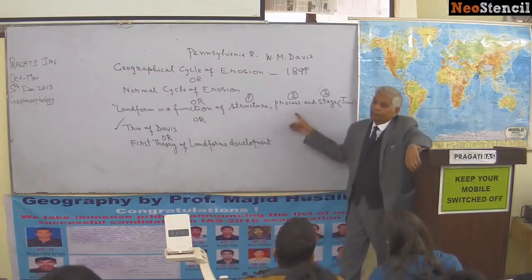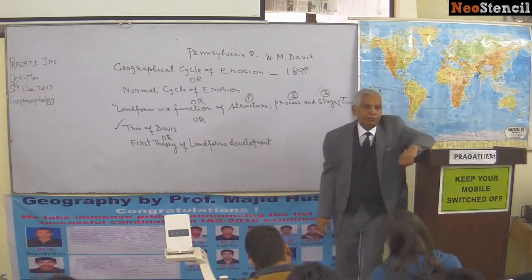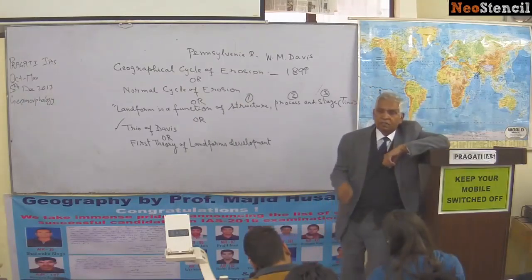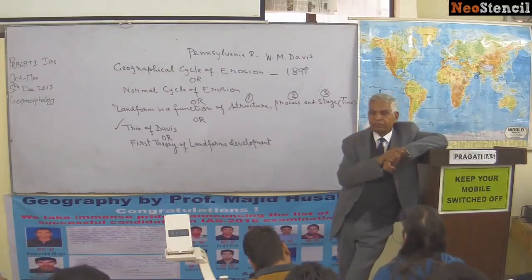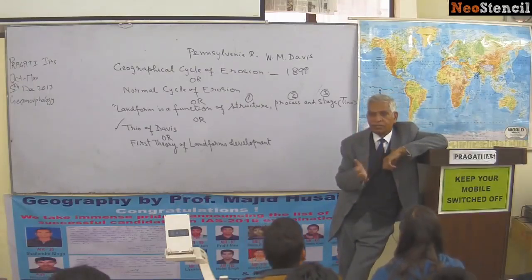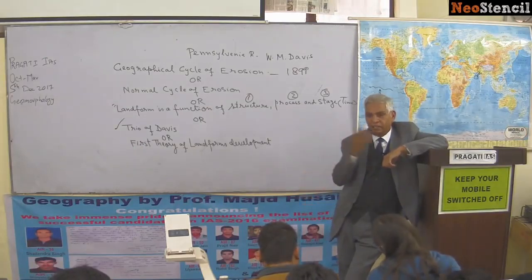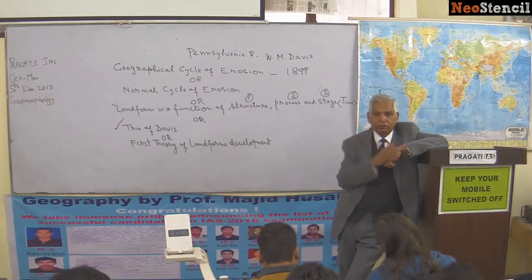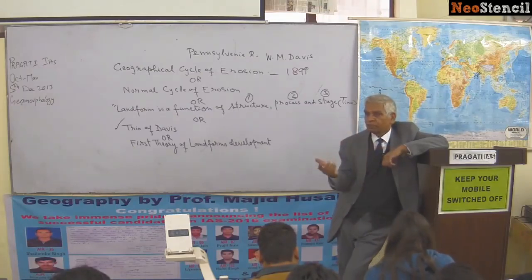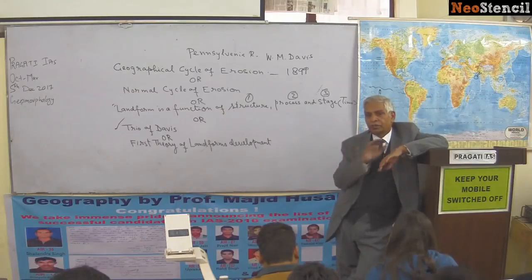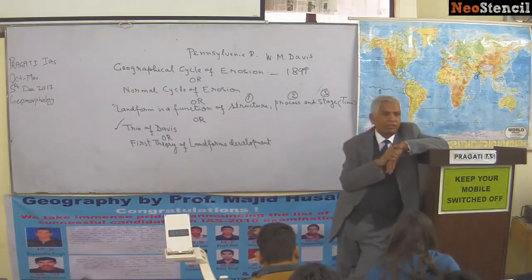Then he said processes. In our subject of geomorphology, there are two important processes which are working: endogenetic and exogenetic. Endogenetic processes create landforms. Upheaval of a mountain, eruption of a volcano, or earthquakes, or drift of continents, these are known as the endogenetic forces.